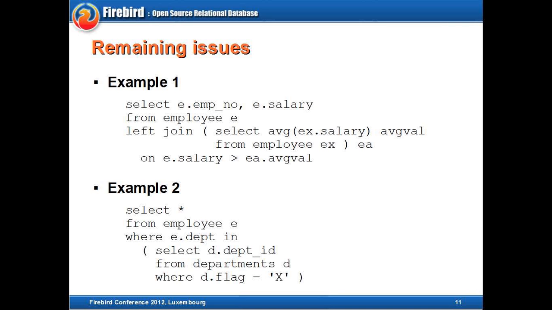The same problem will be if you were inner joining two derived tables of the same kind. Again, the index cannot be used. You have a problem. The good thing with the inner join is that the optimizer, after failing to find a good nested loop join way, will try to use a merge join. It's going to work. It could be a little bit slower, but it will work.